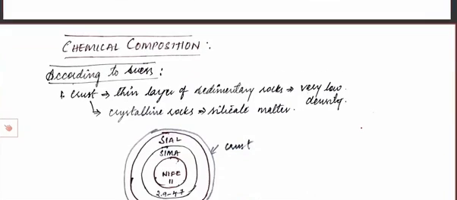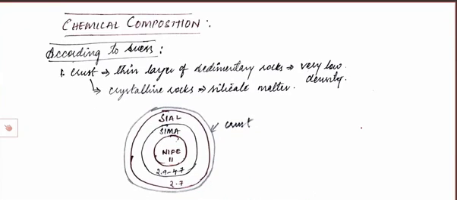So the next topic is the chemical composition of the earth's interior. According to Suess, a scientist, the crust is a thin layer of sedimentary rocks having very low density, and mainly consists of crystalline rocks and silicate matter.